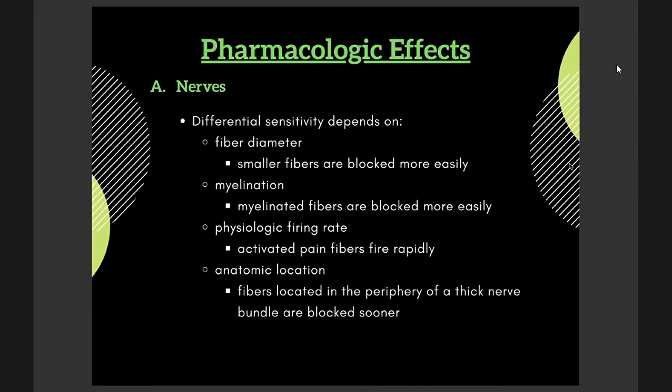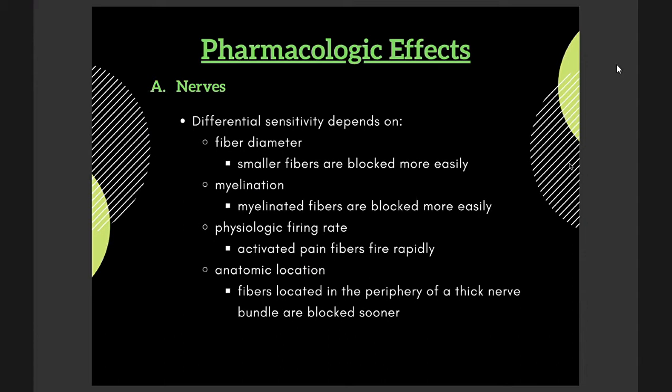So you have the pharmacologic effects of your local anesthetic. The differential sensitivity of your nerves to your local anesthetic would depend on fiber diameter, degree of myelination, physiologic firing rate, and anatomic location.